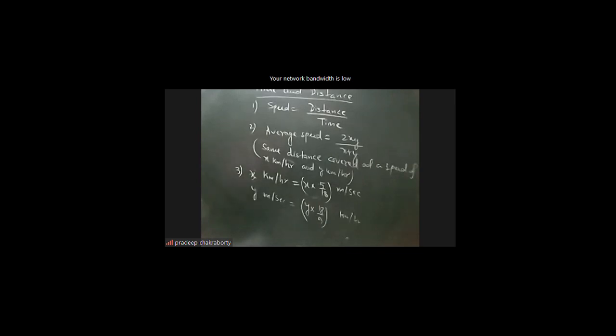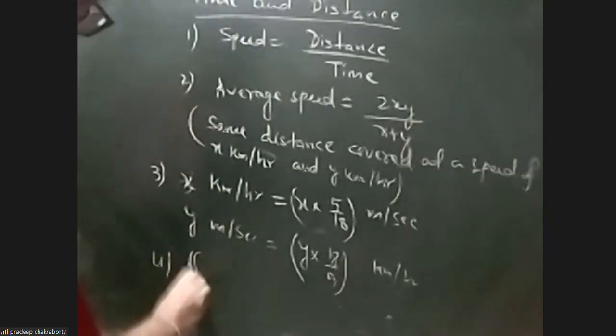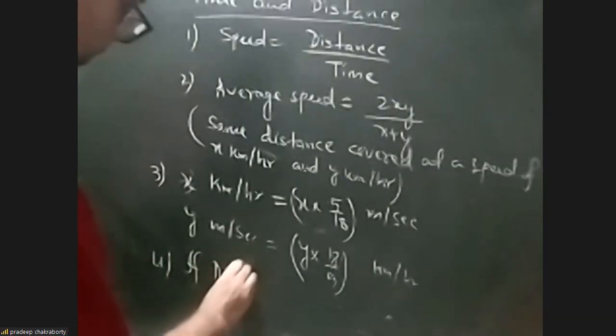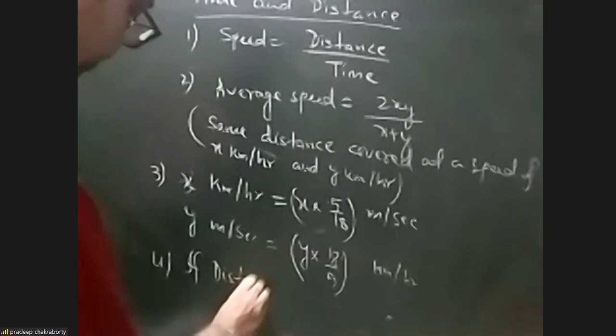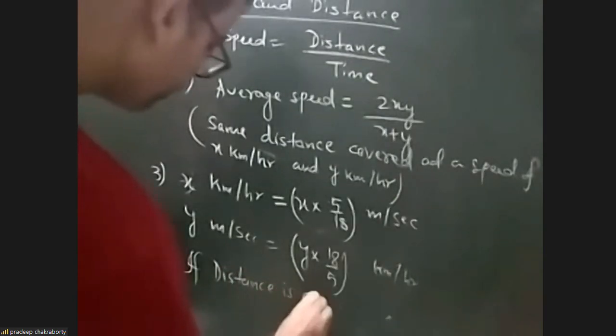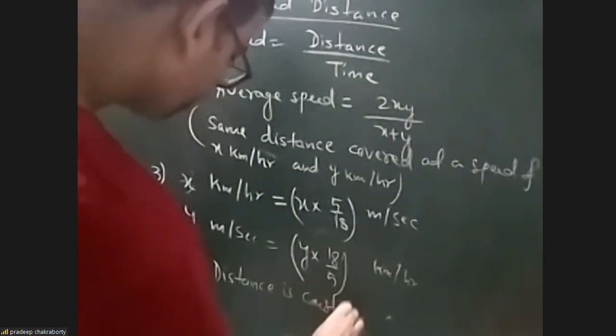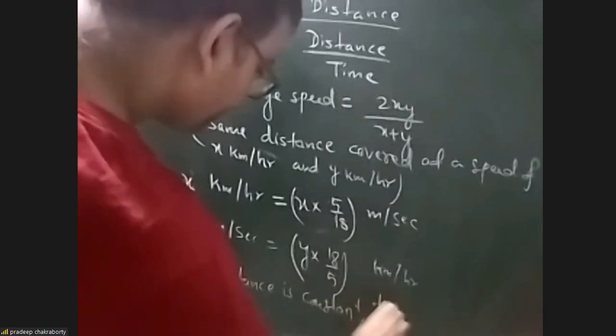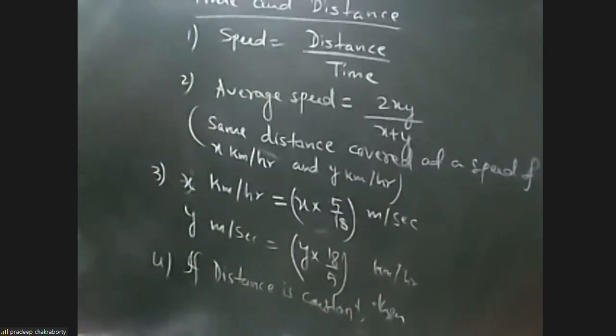Okay, now there is another part. If distance is constant, then speed is inversely proportional to time.